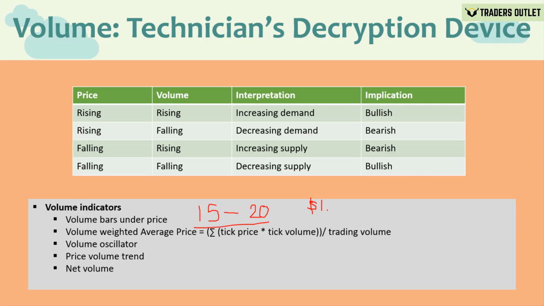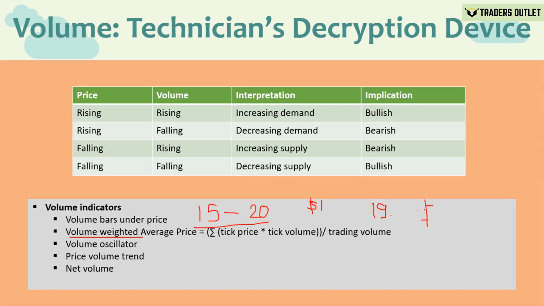So if I calculate this tick price into tick volume divided by trading volume, which is the weighted average price, and let's say that price is closer to $19 or so. What it tells me is, even though the price moved from $15 to $20, and if I draw a bar chart like this, this is $15 when my stock opened, this is $20 when my stock closed.